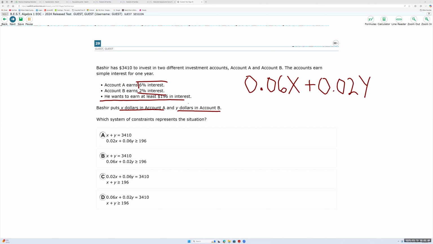All right, and it says that Bashir wants to earn at least 196 in interest. So this, which is the interest alone, has to yield at least, meaning you can have equal, but you can have more because it's at least 196. Now let me look at my choices. There is only one that has that set up correctly with the 196.